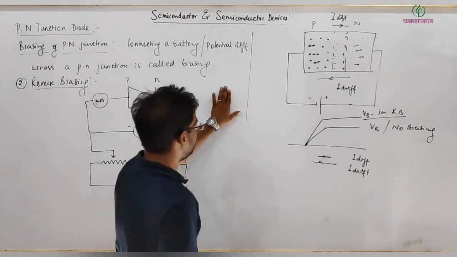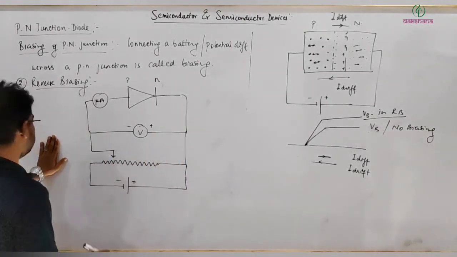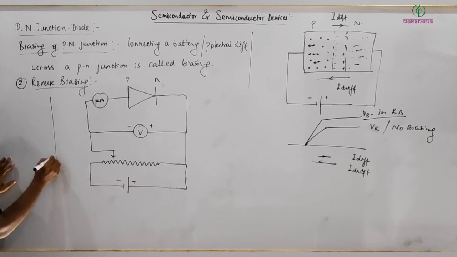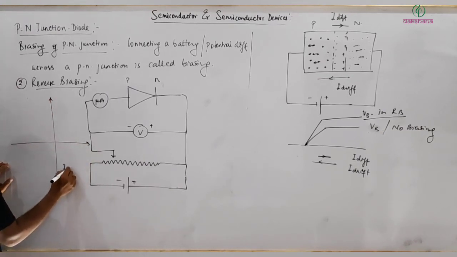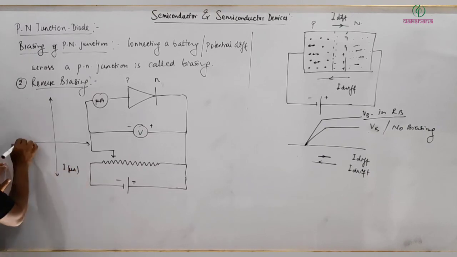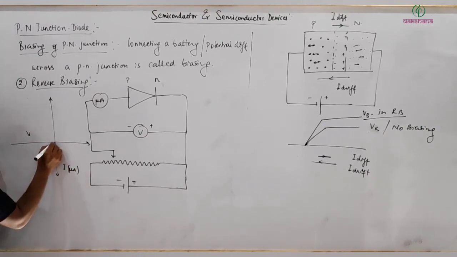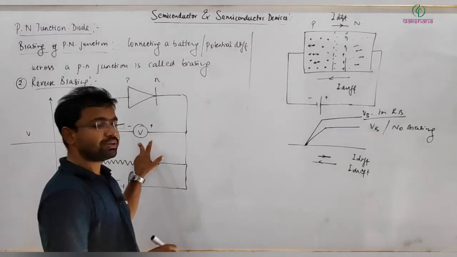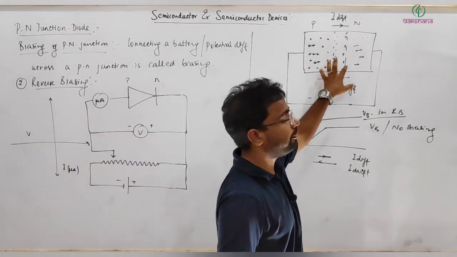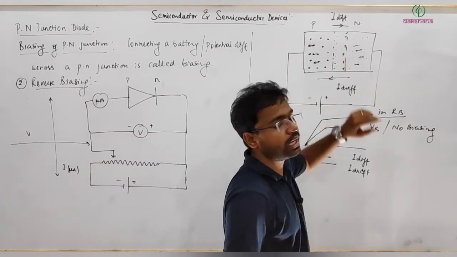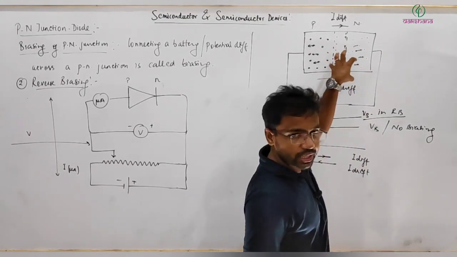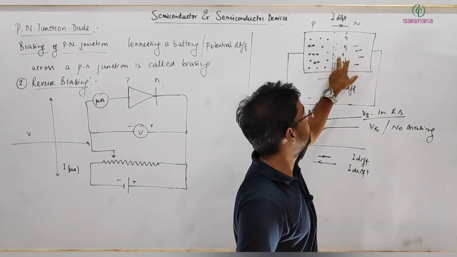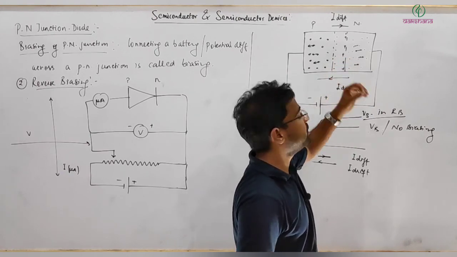If we plot the graph for reverse biasing, this is I in microamperes, and this is voltage. Here the current initially is very small, because the junction offers more resistance and does not allow the majority carriers. But whatever new electron-hole pairs form here are immediately pulled away.